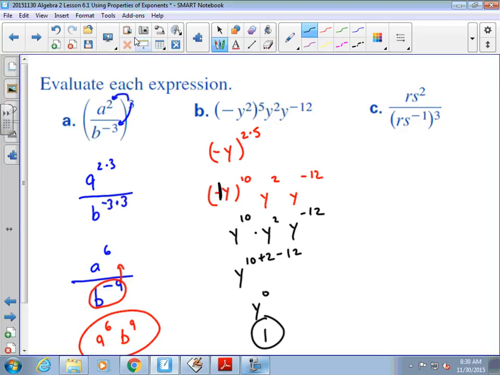And then finally, the last example problem, rs squared over rs to the negative 1 to the third.